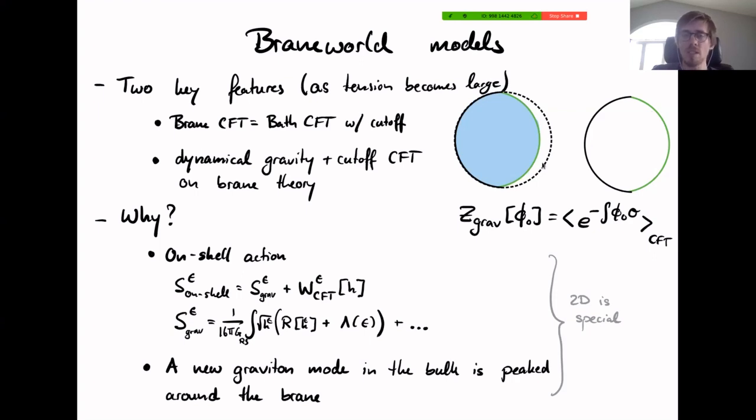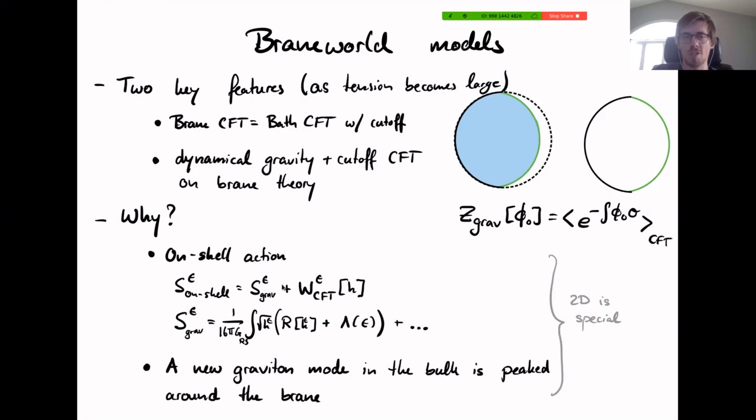OK, so to see why that is, we have to use our AdS/CFT toolbox a bit. Let me try to make this a bit more intuitive. Usually AdS/CFT can be formulated as an equality between partition functions. And if we evaluate the partition function in our gravitational system, then we find it's infinite. So we've got to regulate it somehow. If we introduce some regulator, some cutoff near the boundary, we'll find that there are two terms.